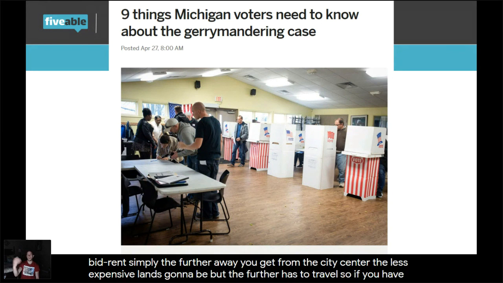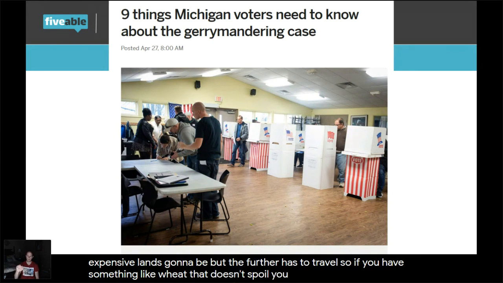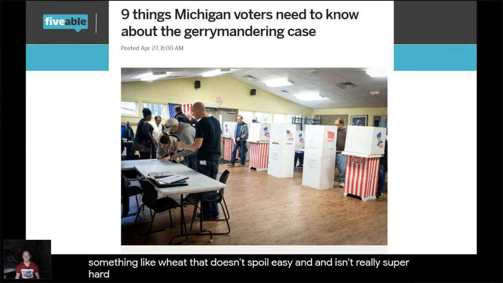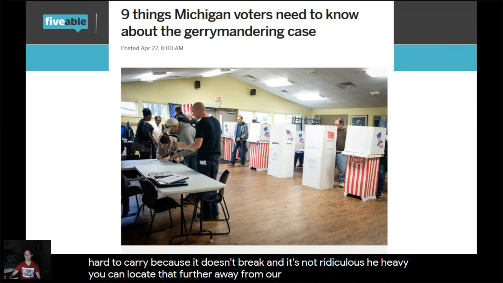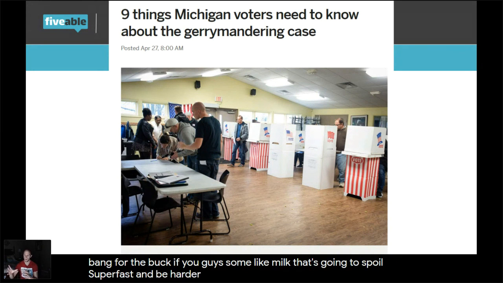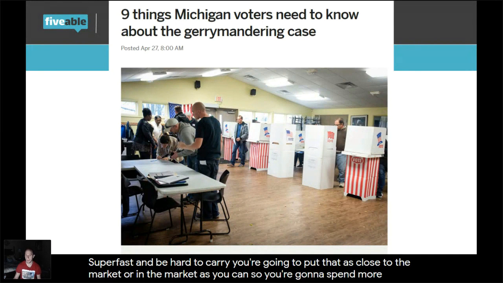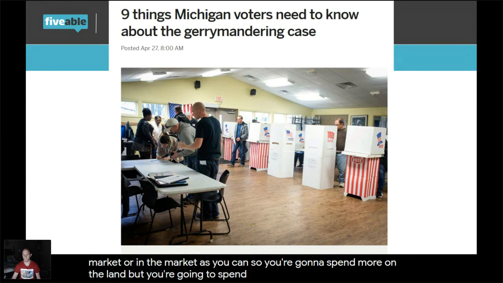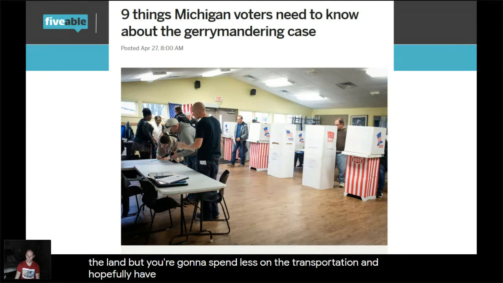If you have something like wheat that doesn't spoil easily and isn't super hard to carry, because it doesn't break and it's not ridiculously heavy, you can locate that further away from the market and get the best bang for the buck. If you have something like milk that's going to spoil super fast and be hard to carry, you're going to want to put that as close to the market or in the market as you can. So you're going to spend more on the land, but less on transportation, and hopefully have higher economic revenue from that. Hopefully that answered the question well.